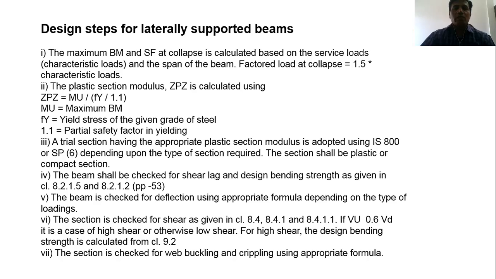After calculating Zp, one table is given in which the Zp value is already given. You have to choose the matching section with Zp, not Ze, because Ze is the elastic modulus and Zp is the plastic modulus.